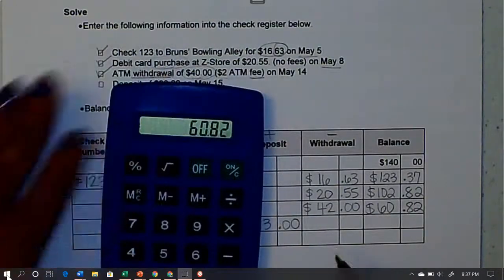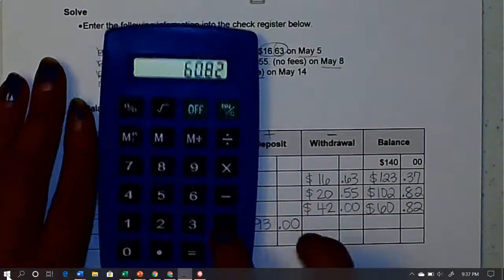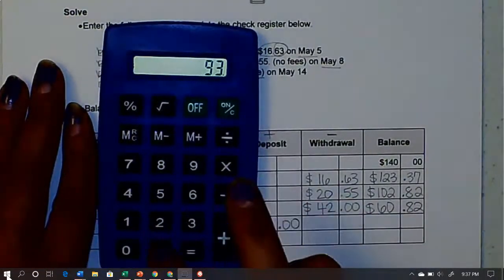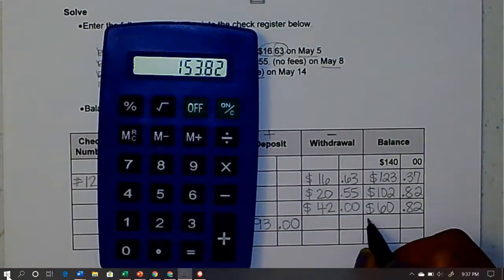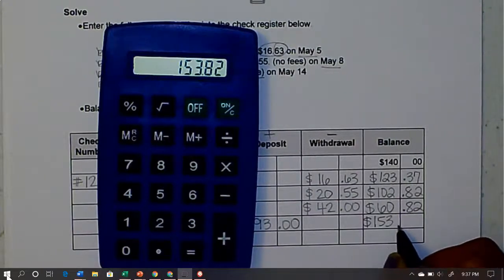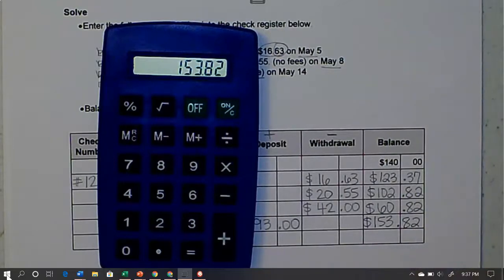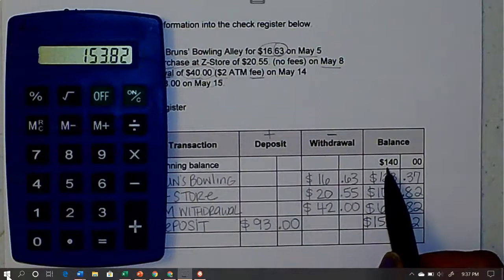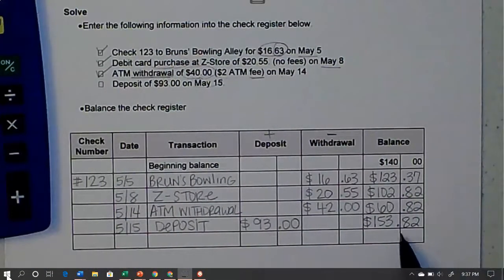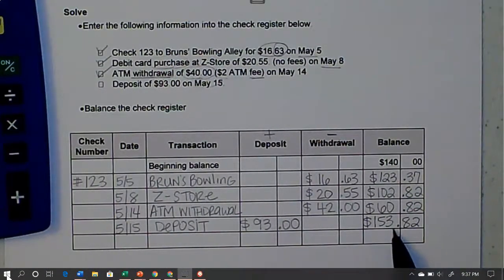So I have $60.82 plus my $93.00, and I'm back to $153.82. I started with 140 before all of these transactions, and I ended with $153.82.